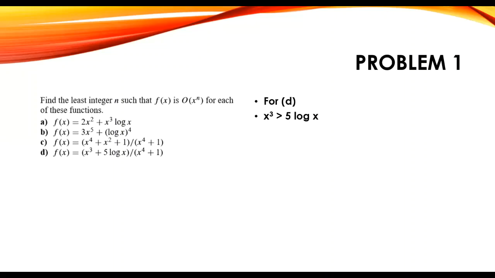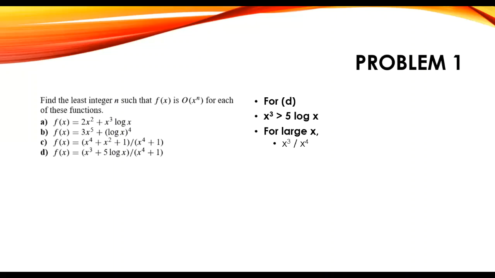So to solve for n, since x cubed is the dominating term in the numerator and x to the fourth is the dominating term in the denominator, when x is near infinity, 5 log x is negligible, same as with 1. So we only have x cubed divided by x to the fourth.